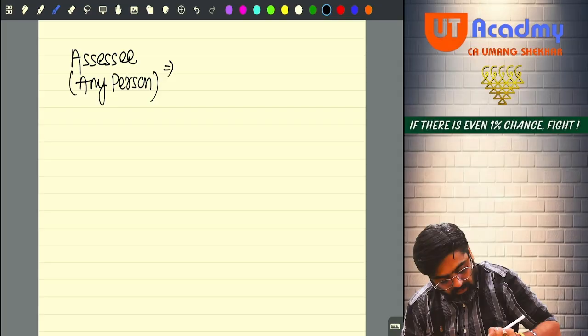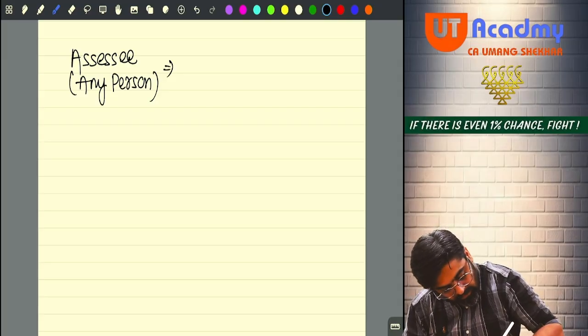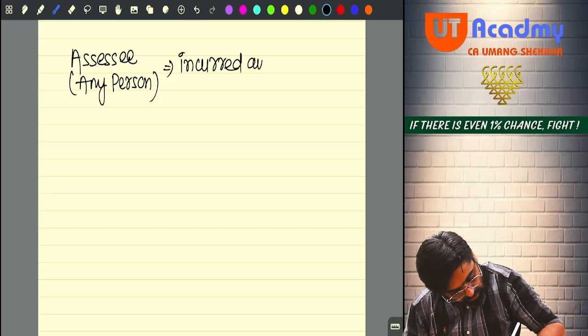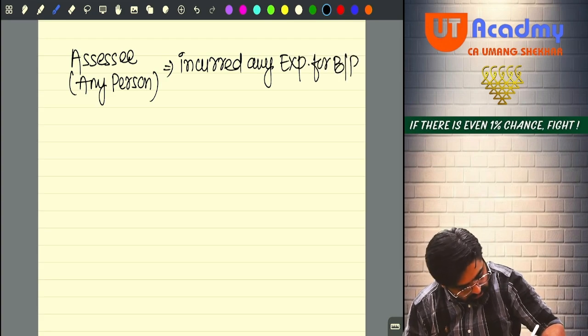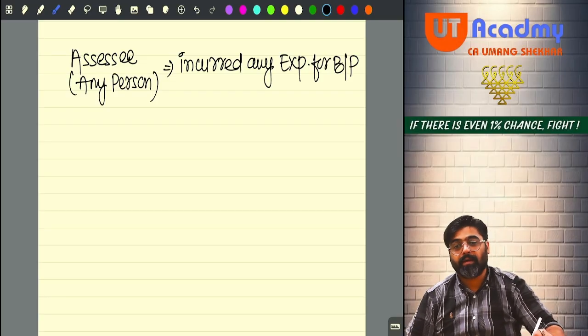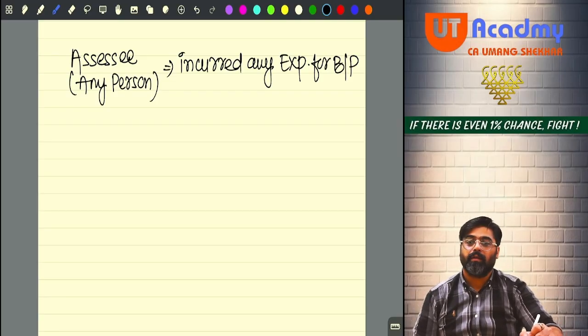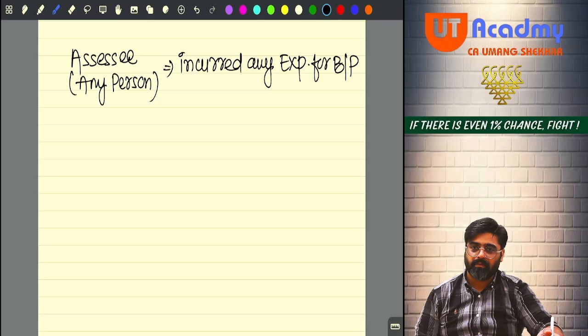Now this assessee has incurred any expenditure for business or profession. Incurred any expenditure for business or profession.